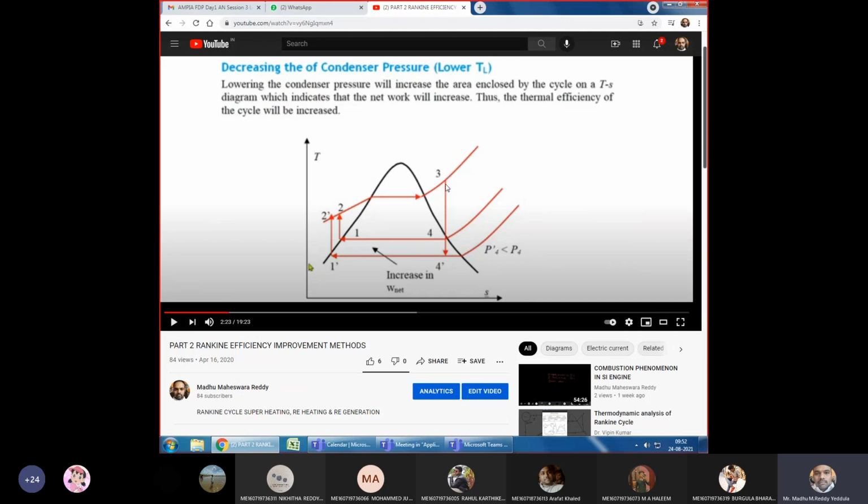Earlier, if you increase the condenser pressure, the point 4 is shifted down. If the point 4 is shifted down, the area is increasing. So that is the reason that by decreasing the condenser pressure, the efficiency is increased.